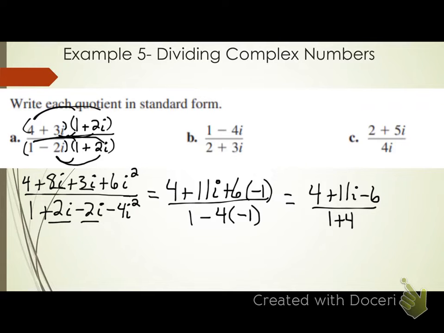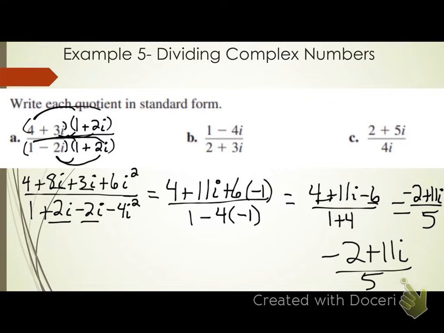We're almost there. Do I have any like terms in the numerator? Yep. What are they? 4 and negative 6. What do I get when I combine those? Negative 2 plus 11i over what's 1 plus 4? 5. I'll write it down here. That's it.